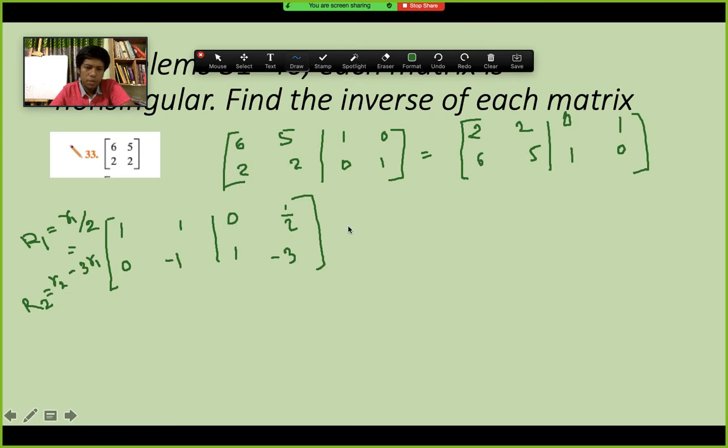So ultimately what we have here is, see, in this line we have a negative sign, so we have to make it positive. So 1, 1, 0, 1.